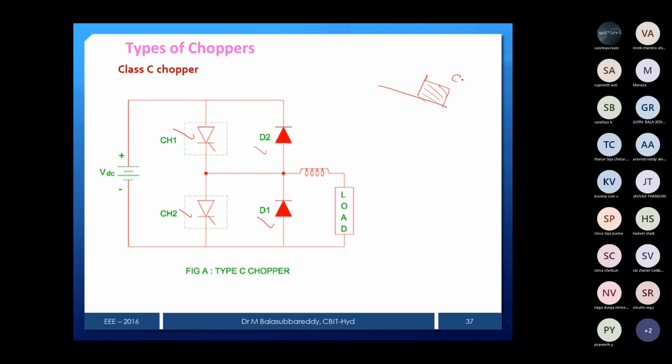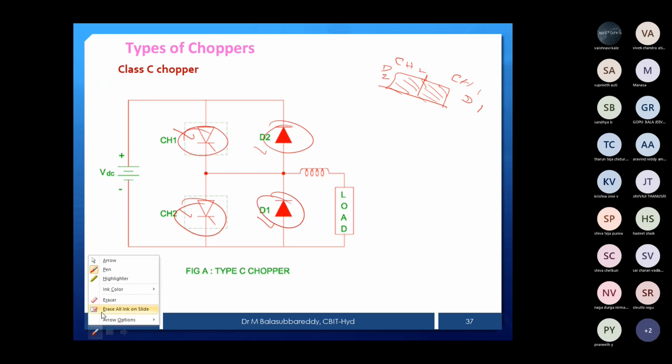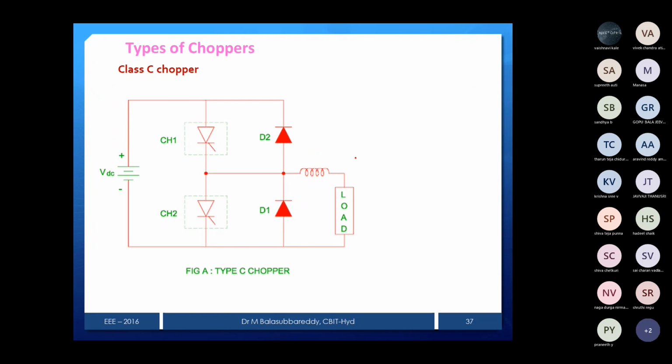And if chopper 2 and diode D2 are on, then we'll get the second quadrant. So our operation is everything same as previous only.